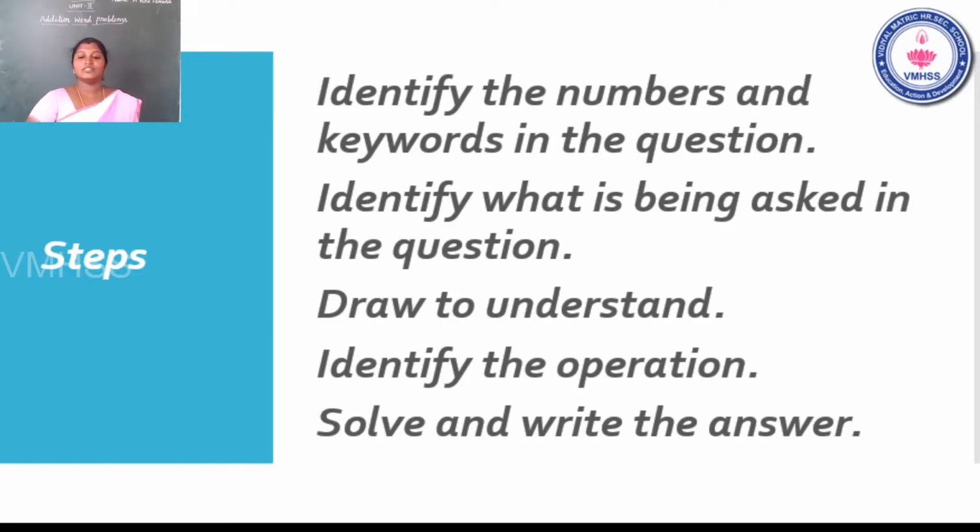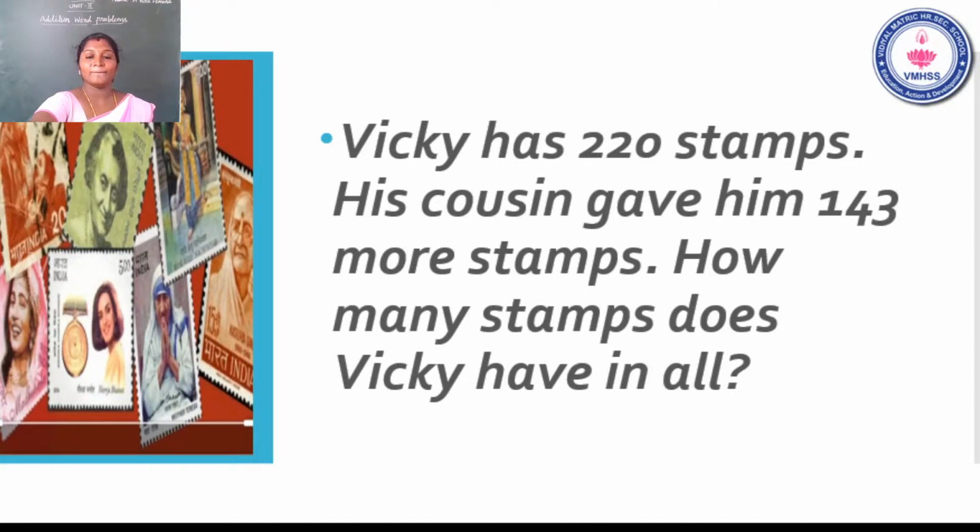Okay, next slide. Students, please listen carefully. Please see the slide. So first sum. Vicky has 220 stamps. His friend Hasim gave him 143 more stamps. More means increase. So how many stamps does Vicky have in all?